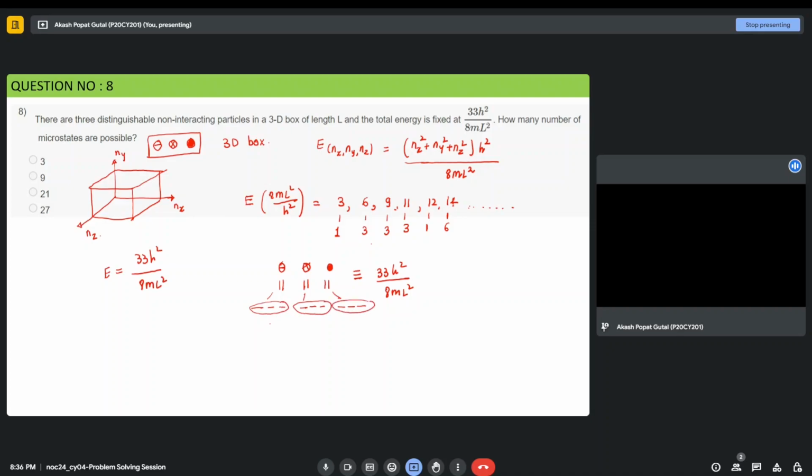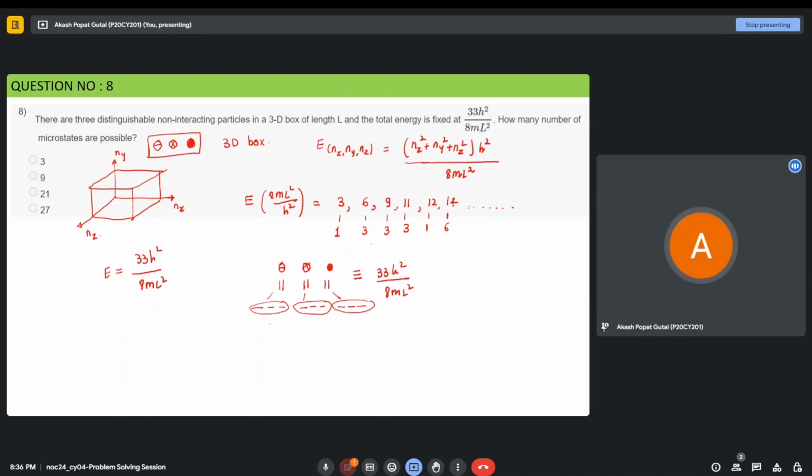Similarly, there is one more combination, which is nothing but 9, 12, and 12. 24 plus 9 is 33.